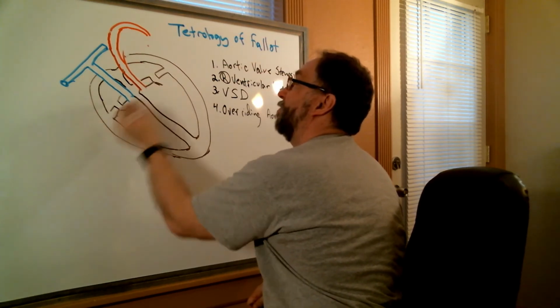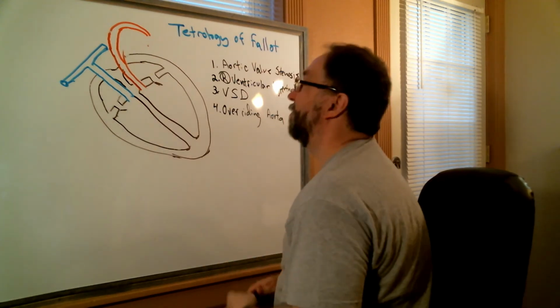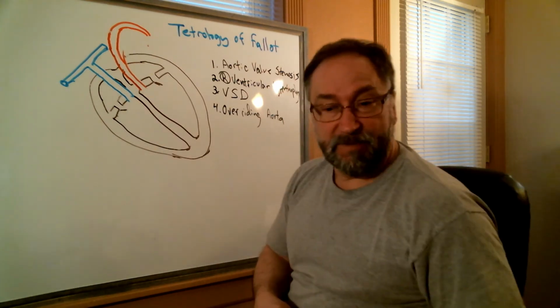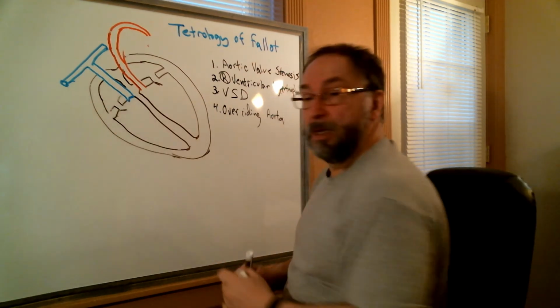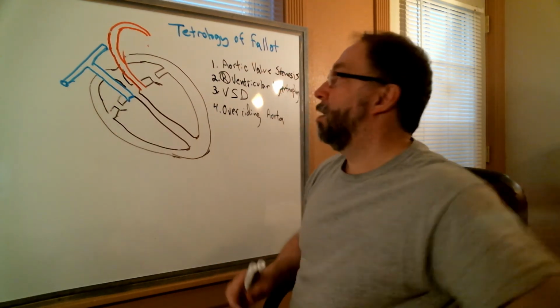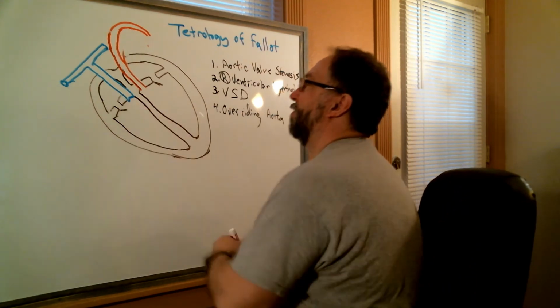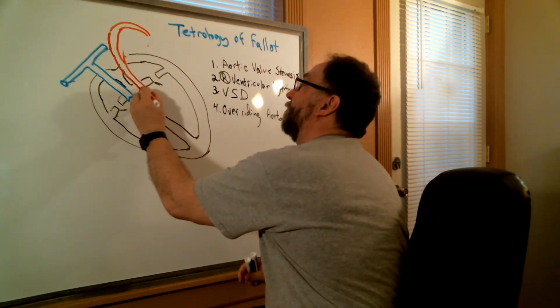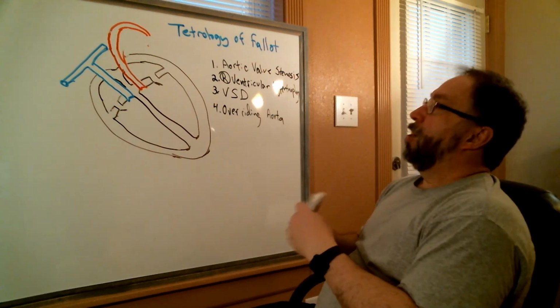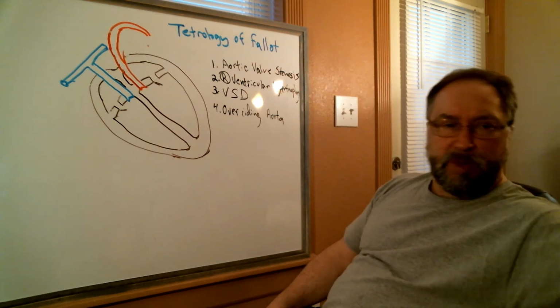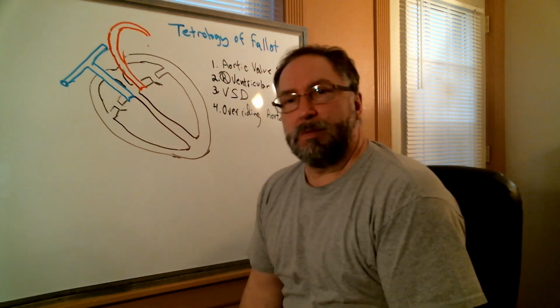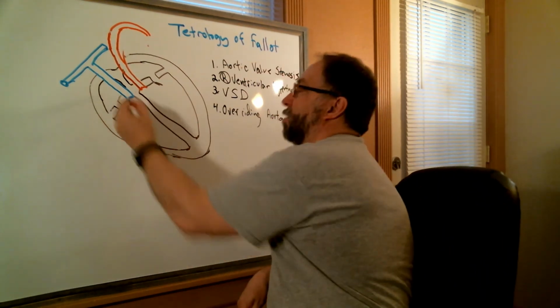You got your tricuspid valve, you got your mitral valve, your pulmonary valve, your pulmonic valve, and you've got your aortic valve over here. So now, let's say this baby is born with this problem. He's got this stenosis right here.